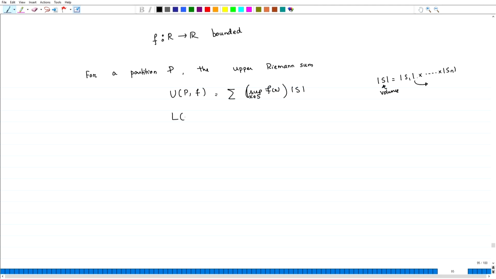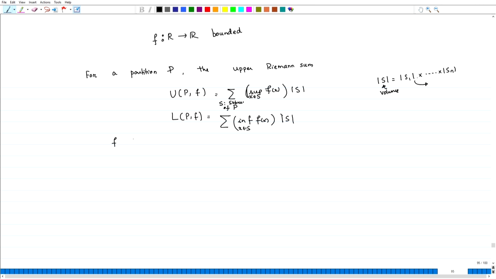And then we have L_P of f, which is equal to the summation over the infimum of f of x, x belongs to S, where the sum is varying over all the S such that S is a subrectangle of the partition P, times the volume of S. So, these are all the intervals and these are the lengths, and I can take the product.